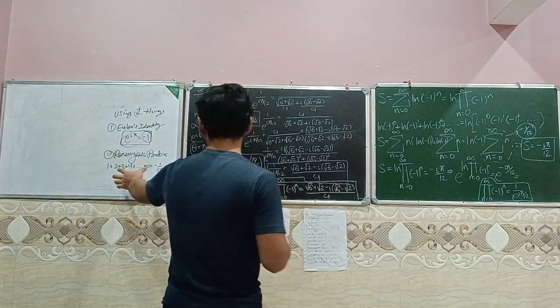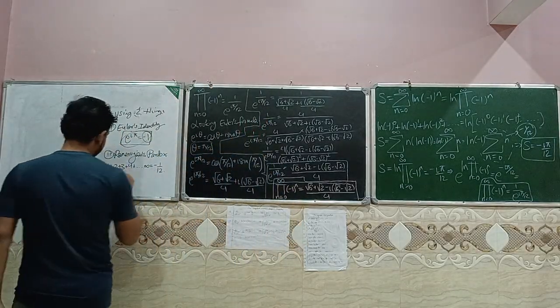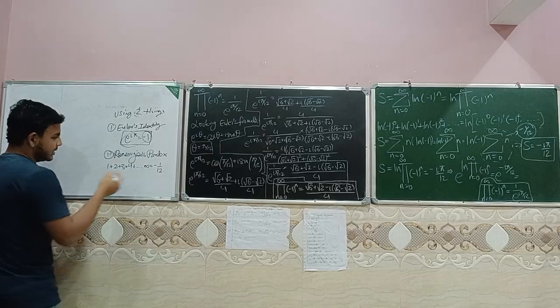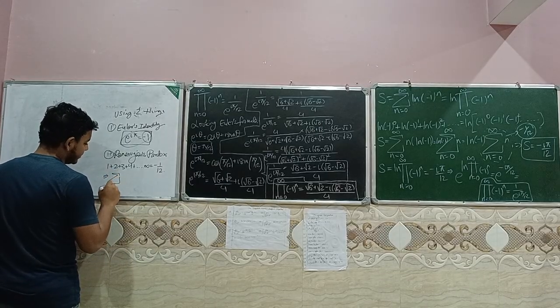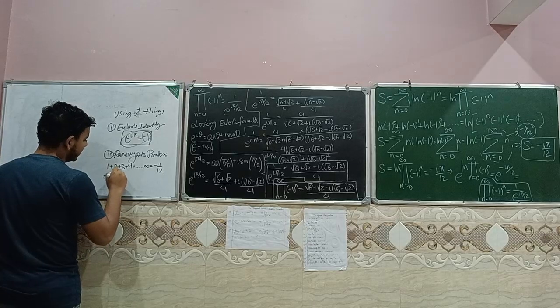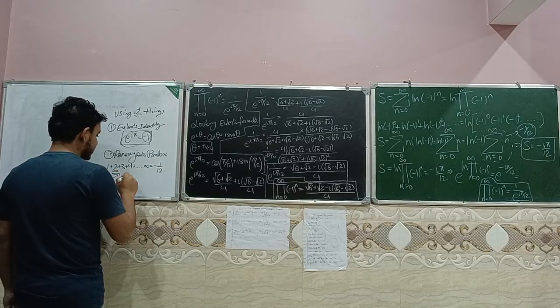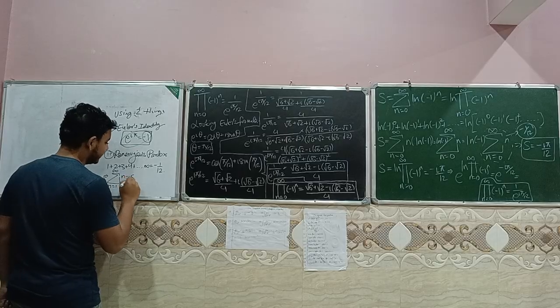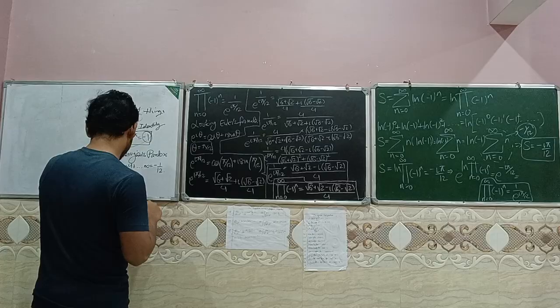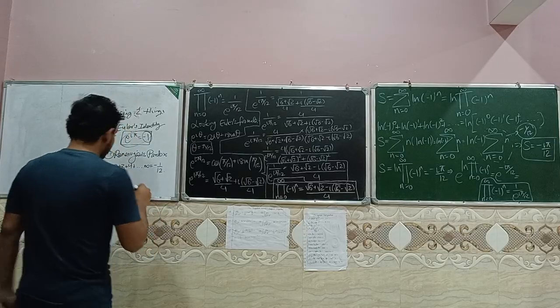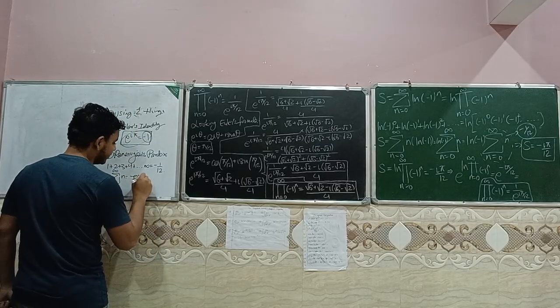If we combine it in summation notation, it is the series from n equals 1 to infinity of n, and this is the Riemann zeta. Well, this is not the Riemann zeta, this is the Riemann zeta of -1.